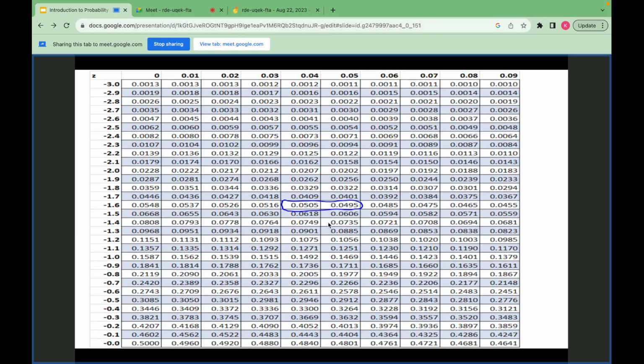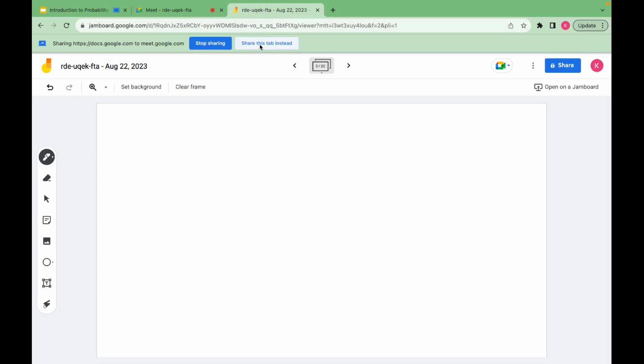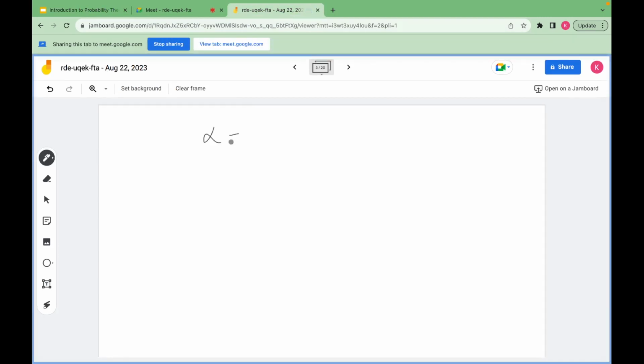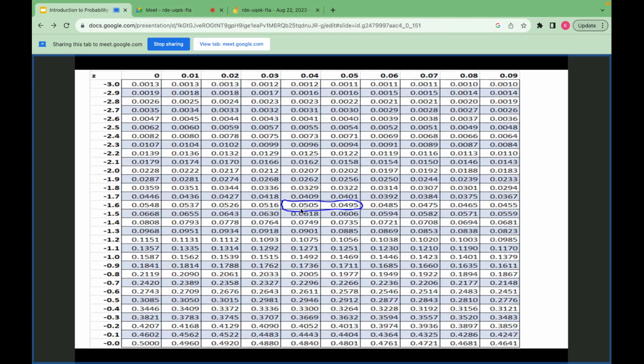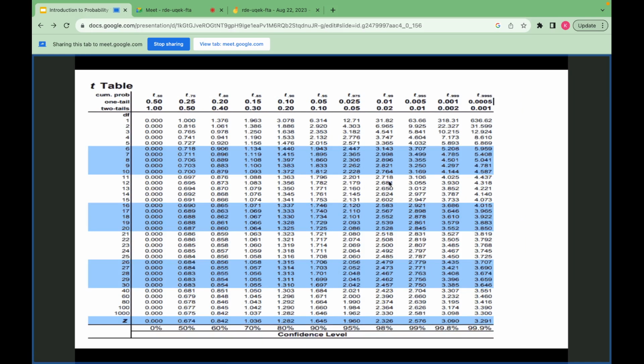This is the z table. We know that alpha is given as 0.05, so alpha by 2 will be 0.025. We need to find the value of 0.025 in the table.